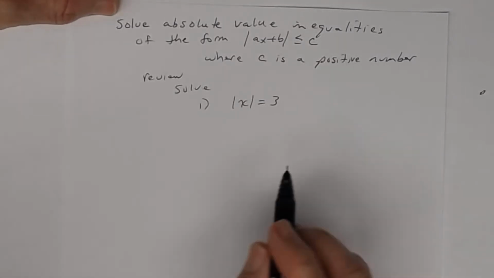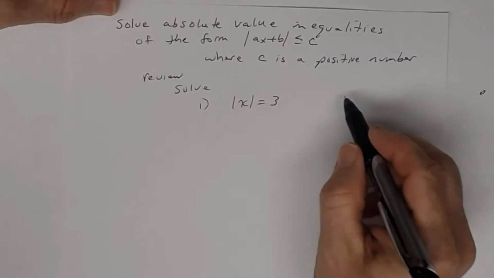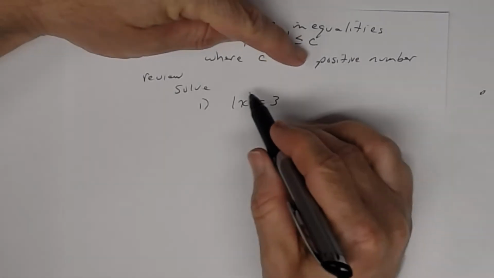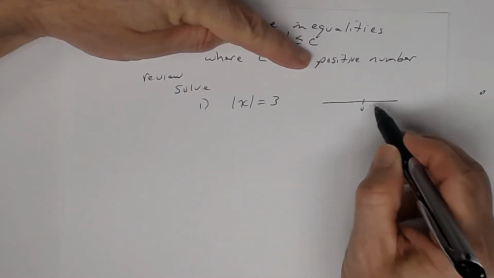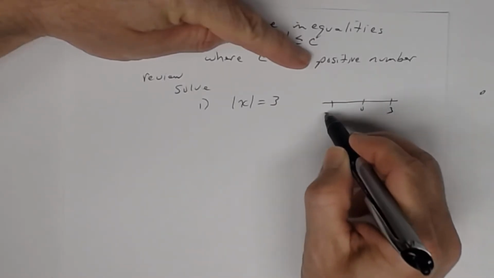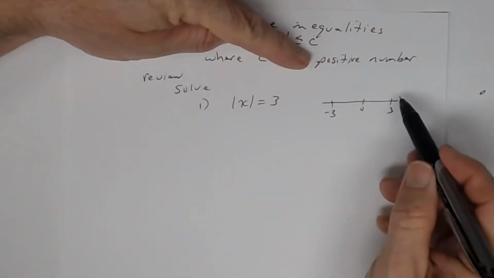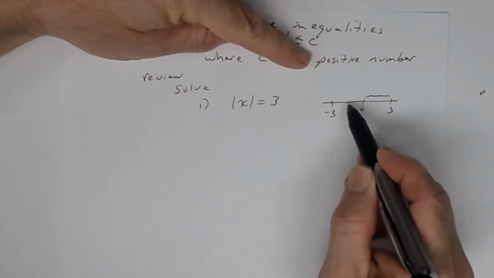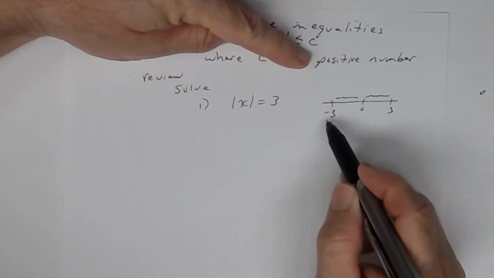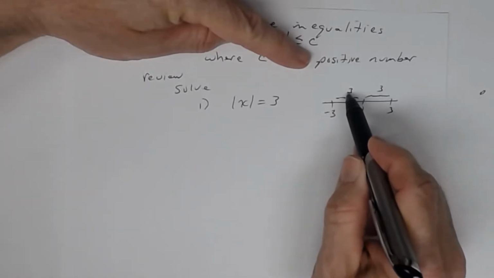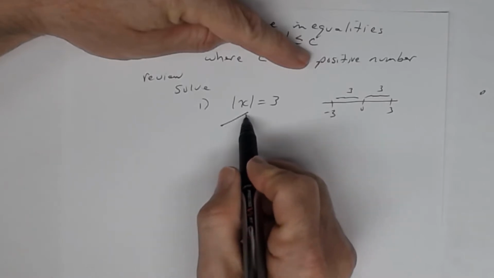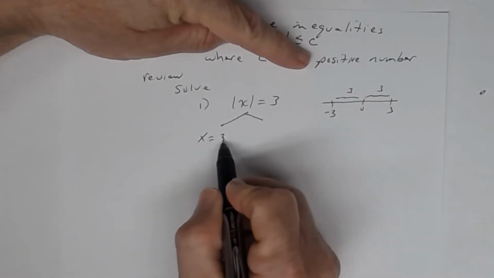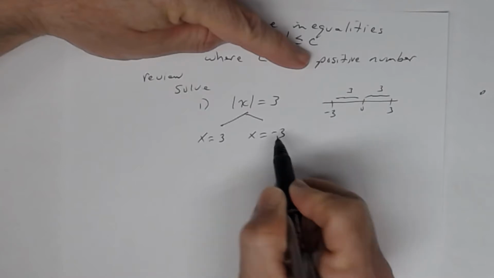Well, remember in the previous lesson, you saw that the absolute value of a number is its distance from 0. So this number right here is 3 units from 0. So when I go to the right 3 units and when I go to the left 3 units, I get 3 and negative 3. So we saw that the solution would be x equals 3, and the other one is negative 3.